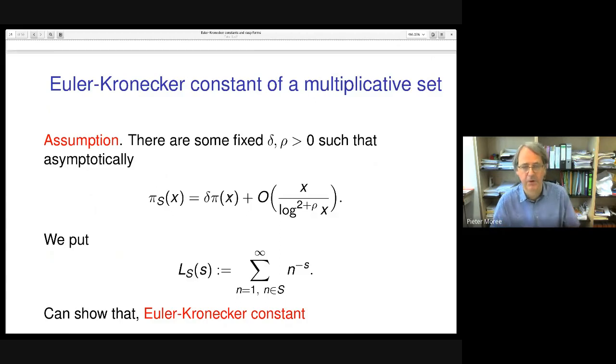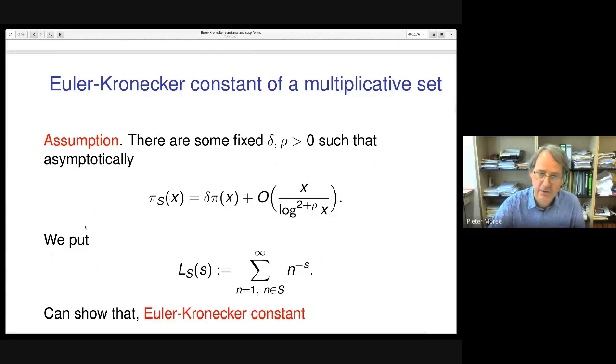So you can think, for example, of the integers that can be written as a sum of two squares. What are the primes that are in the set S? It's the prime 2 and the primes p congruent to 1 mod 4. And so we know that this has density half. So in this case, delta is a half.